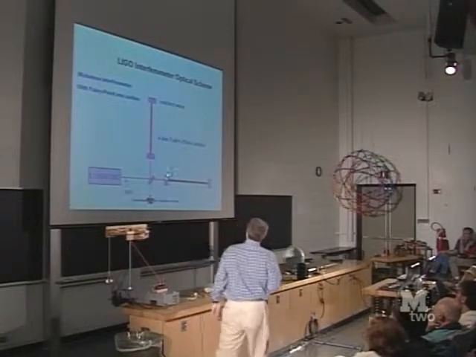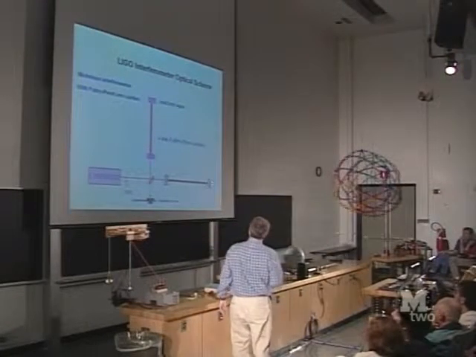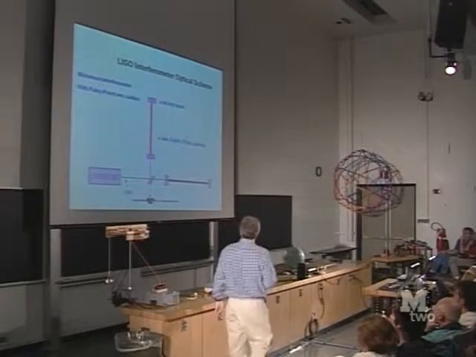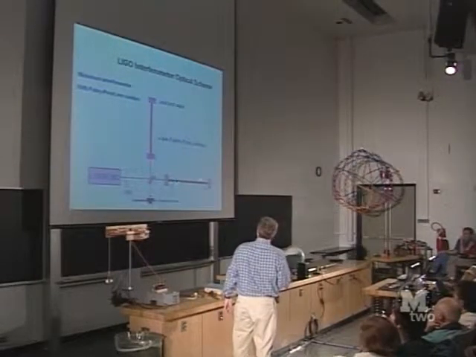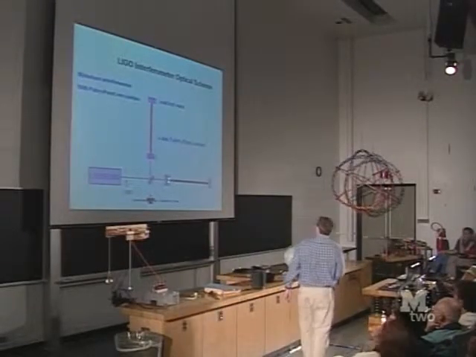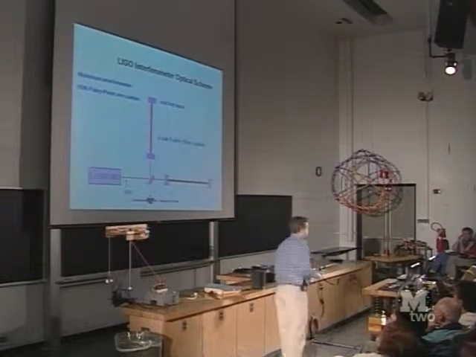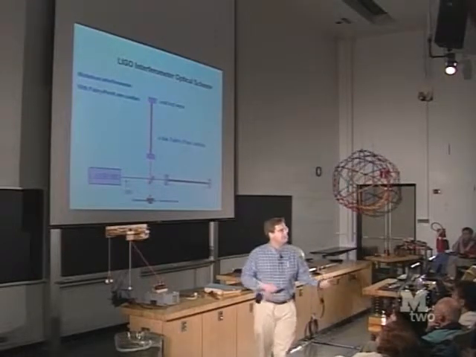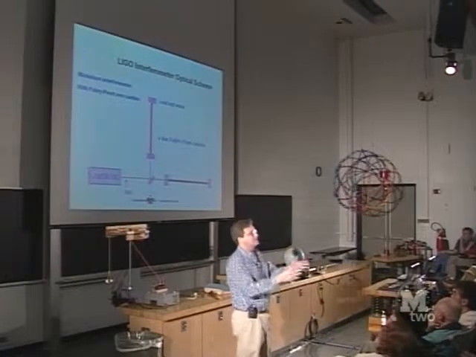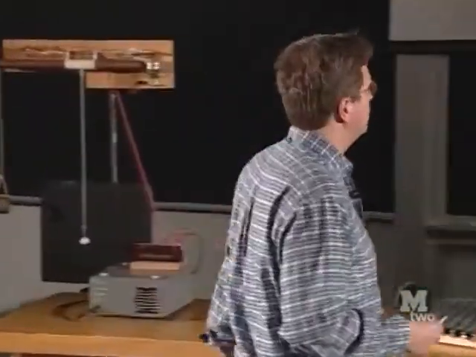But if you tune the lengths between these two mirrors to be exactly a half-integer number of wavelengths of light, then you do get resonance, and the light will go into the cavity and be magnified. And the fact that it's going to go back and forth many, many times means that during the passage of a gravitational wave, you will have more time to pick up the fact that you're getting shrunken or being stretched. And so the light that comes back out of that Fabry-Perot interferometer has more sensitivity to the gravitational wave because it's had more time to experience that gravitational wave.